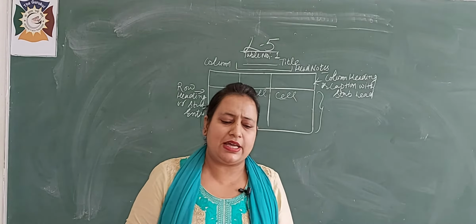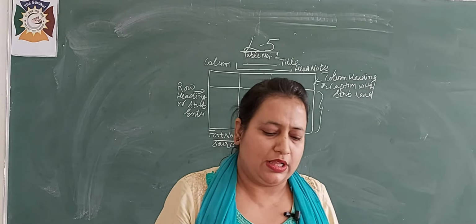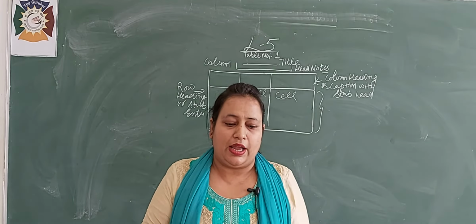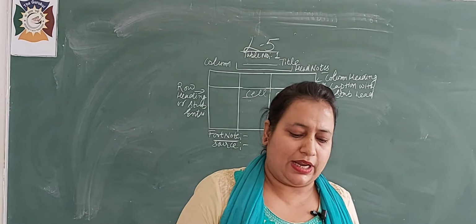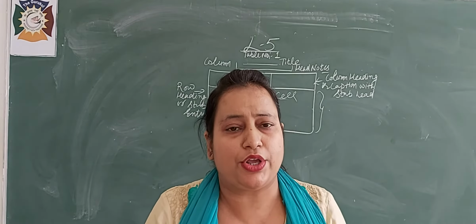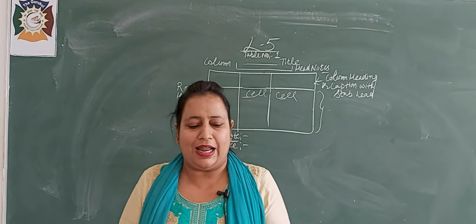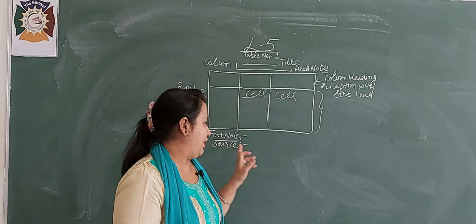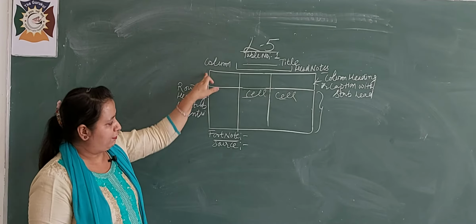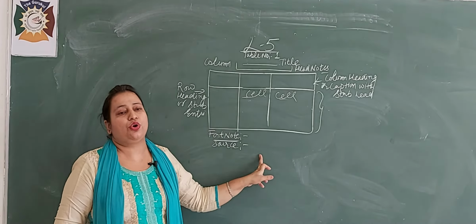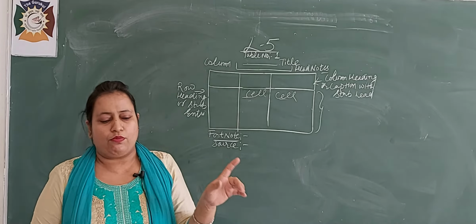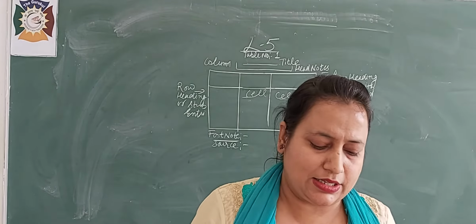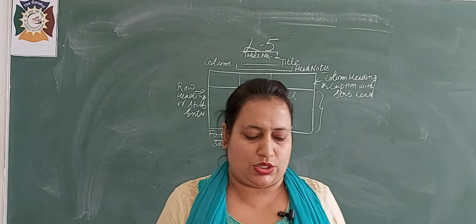Row and column are here. Heading given to a row is known as stub, and heading given to a column is known as caption. Body or field is where you put the entire data. Footnote you will give at the foot, at the end. And source is from where you have taken this data.